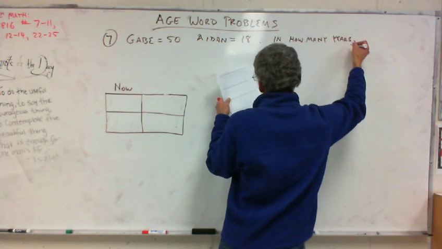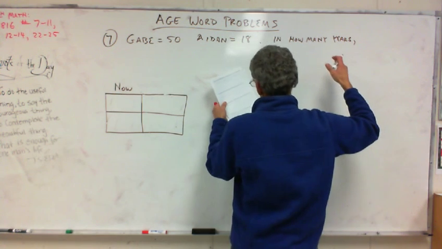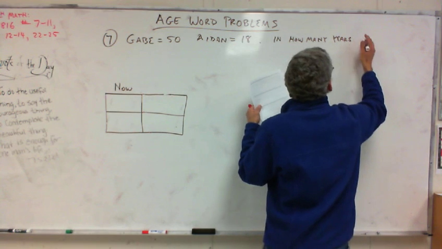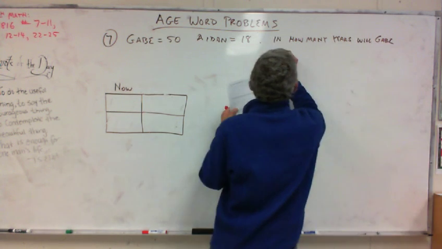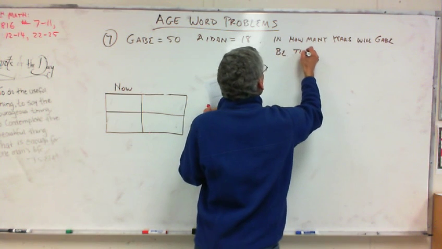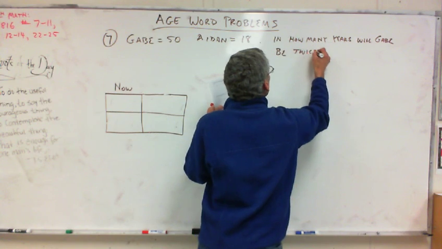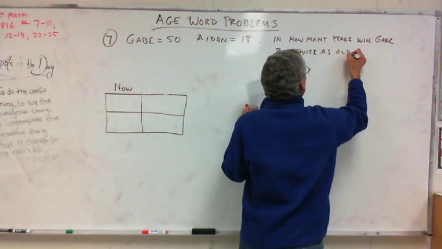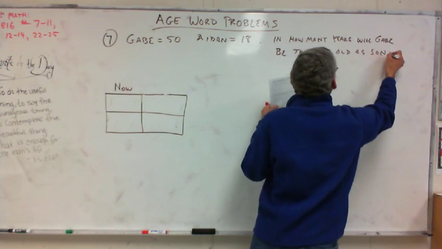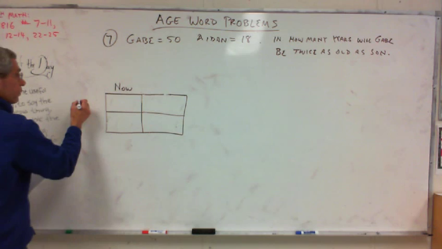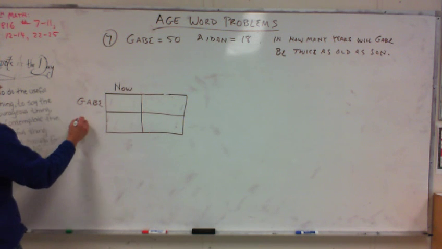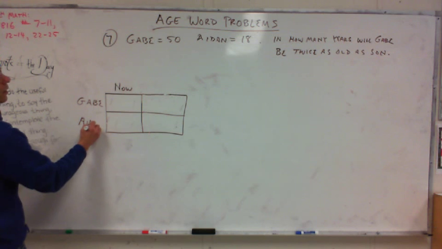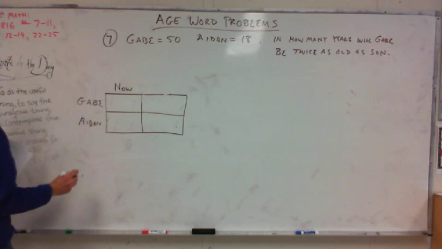Will Gabe be twice as old as his son? All right, this is how you set it up. We've got Gabe and we have Aiden, right?